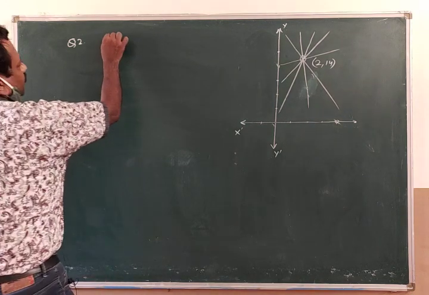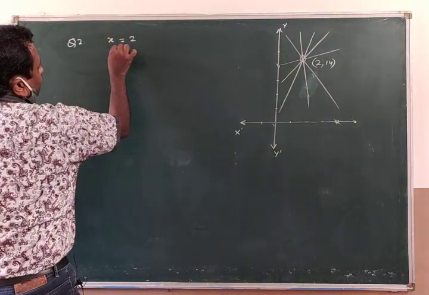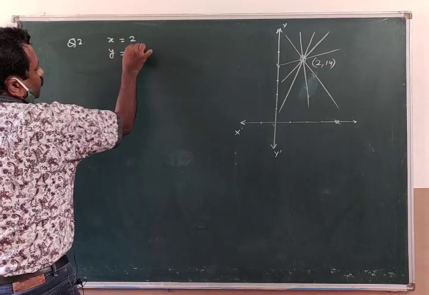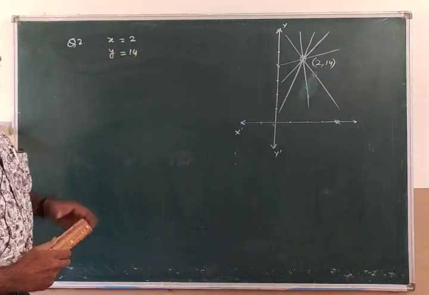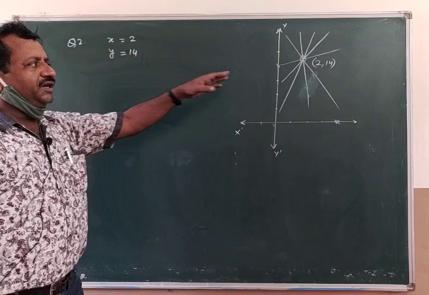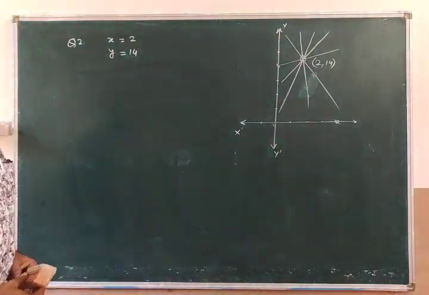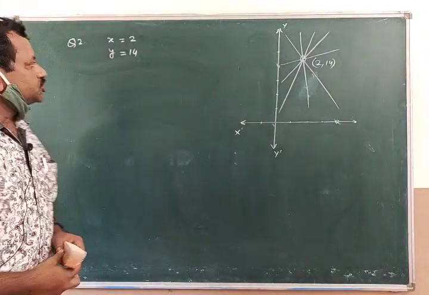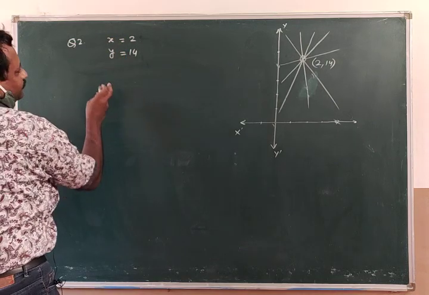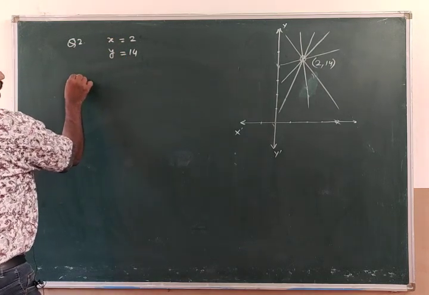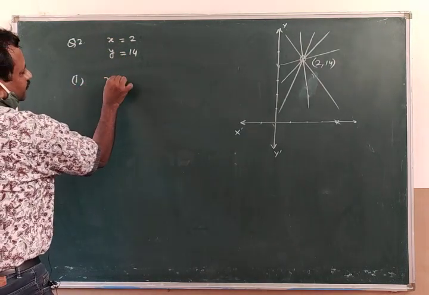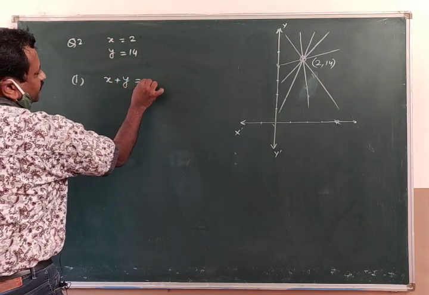So x equal to 2 and y equal to 14. These are the coordinates of the point, and we need to make only two equations. So first, add them. First equation, x plus y is equal to 16.